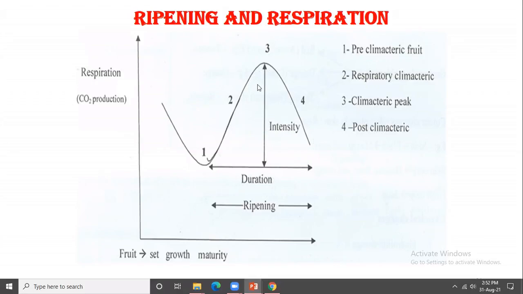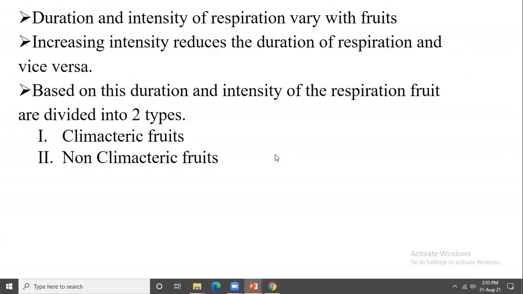Sometimes when intensity increases, duration will automatically decrease. When intensity decreases, duration will increase, and the ripening period also increases. That's why, based on respiration or intensity, we can divide fruits into climatic and non-climatic fruit.